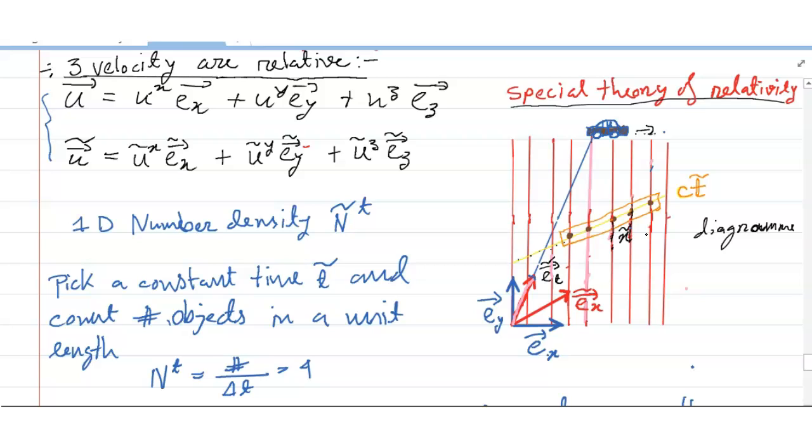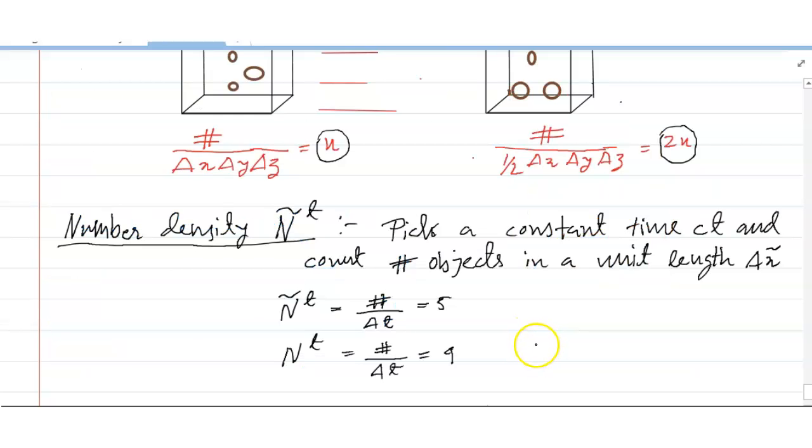Specifically, the number density in the rest frame is increased by multiplication by the gamma factor. For the moving frame, the gamma factor takes length contraction into account so that there are more particles per unit space. So friends, we see that n tilde t equals n gamma.